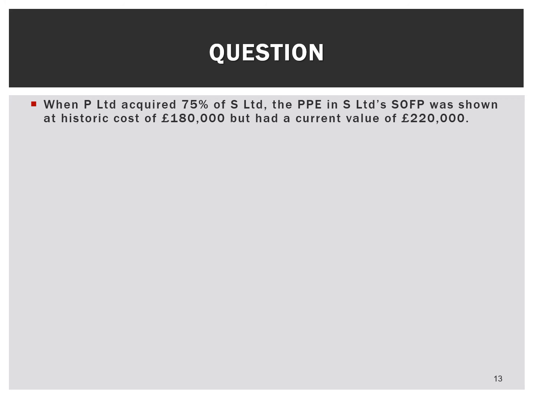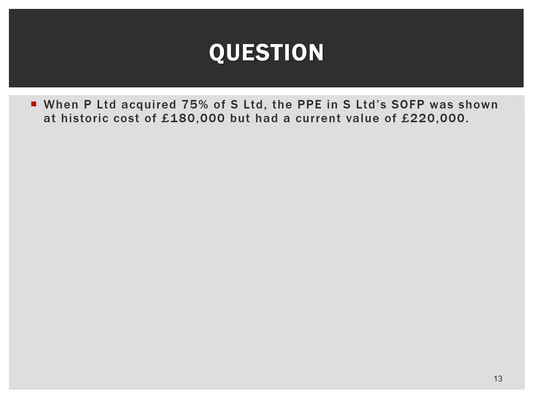We've got a parent company, P Limited, buying 75% of the shares in the subsidiary company, S Limited. And at the date that the parent company purchased those shares, the subsidiary company had property, plant and equipment in its balance sheet shown at a value of £180,000.